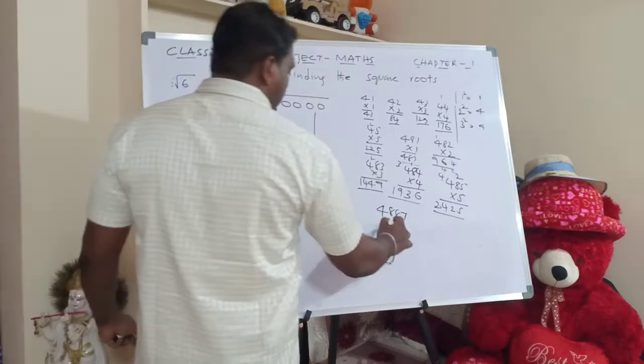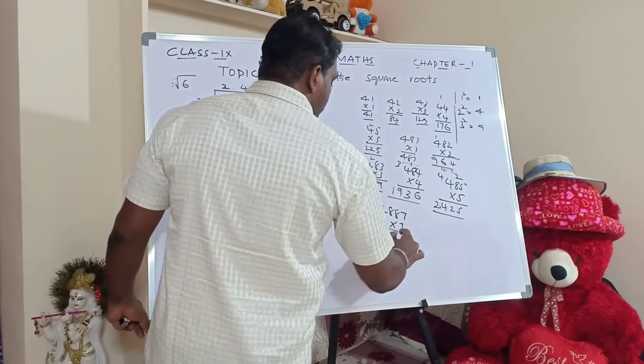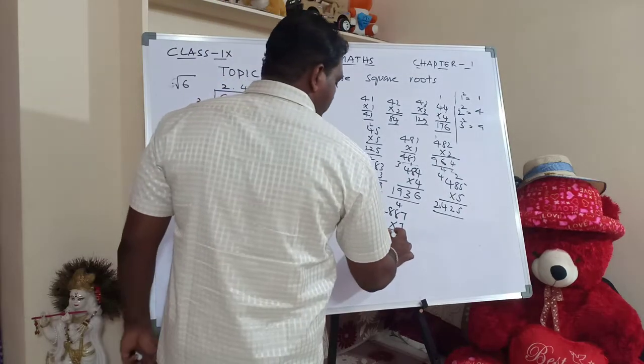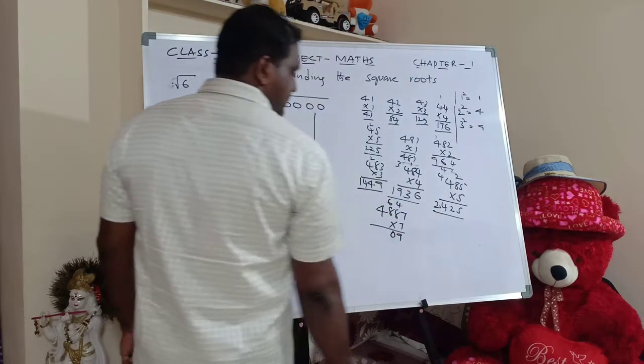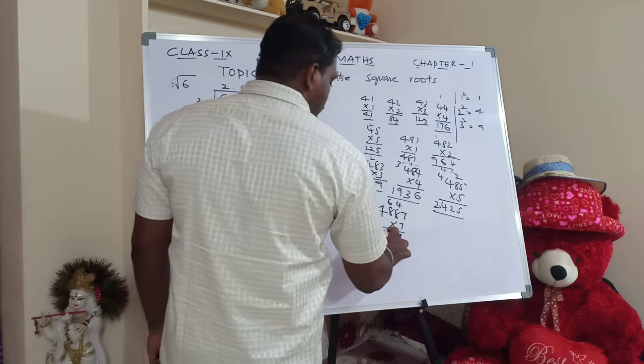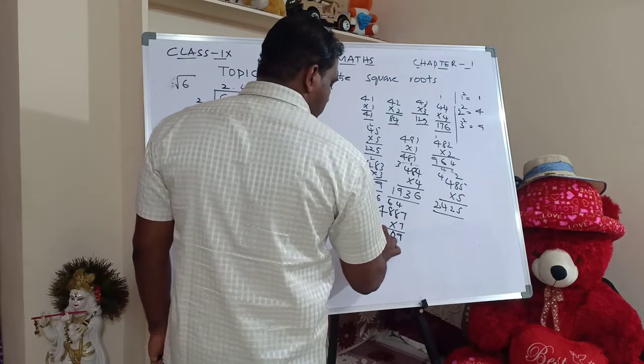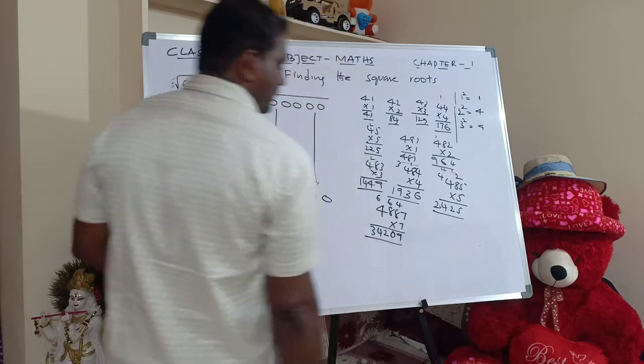I am checking from 7. 7 7s are 49. 7 8s are 56, 60. 7 8s are 56 plus 6, 62. 7 4s are 28 plus 6, 34.